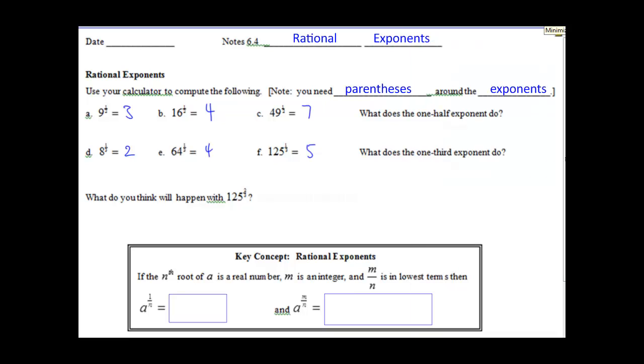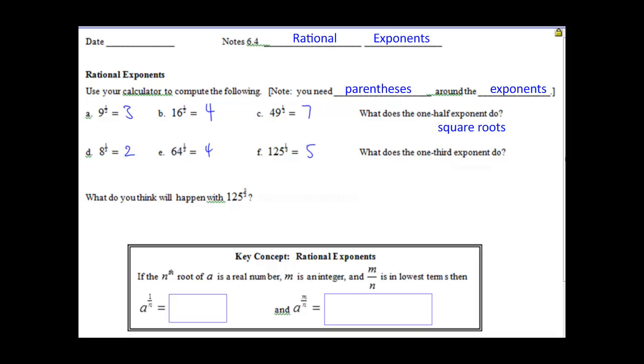So what does a 1/2 exponent do? Well, if you notice the relationship between 9 and 3, 16 and 4, 49 and 7, they are roots. So if we take the square root of 49, we get the answer, 7. If you look at D, E, and F, we have 8 and 2, 64 and 4, 125 and 5.